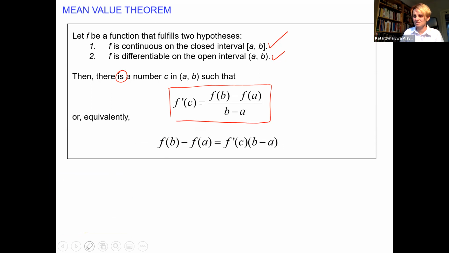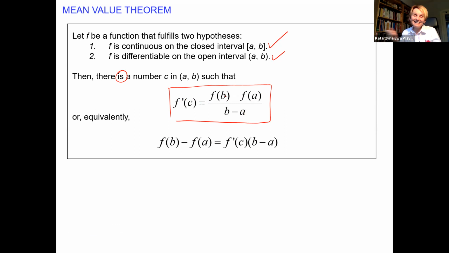I think the boxed form tells us a little bit more. Again, f prime at C, like previously, the derivative, or in general the instantaneous rate of change, is exactly the same as (f(b) minus f(a)) over (b minus a), the average rate of change.